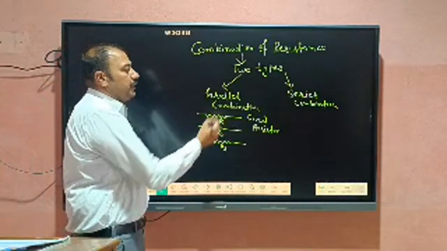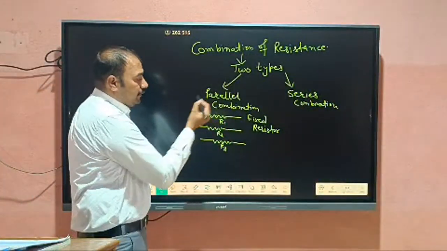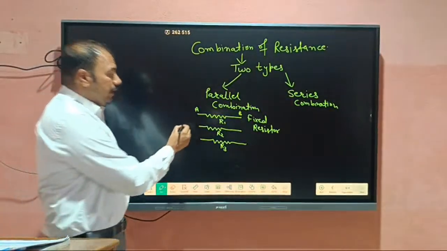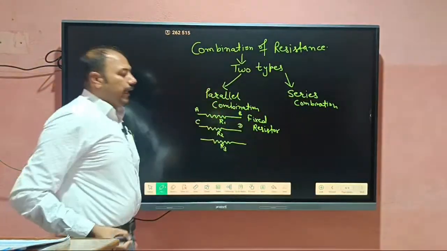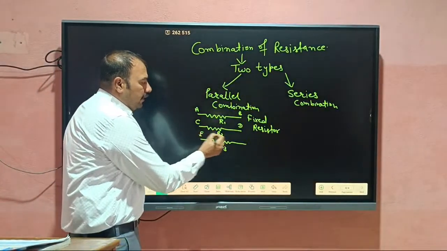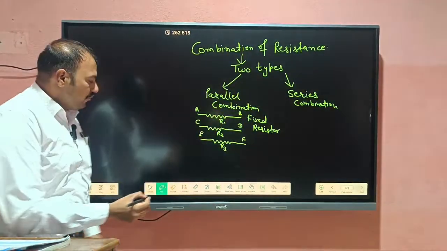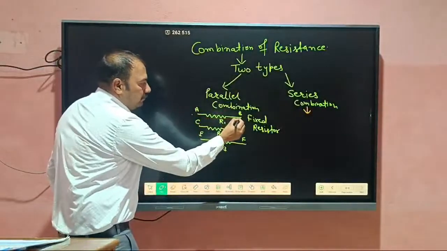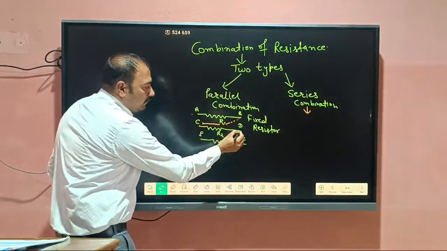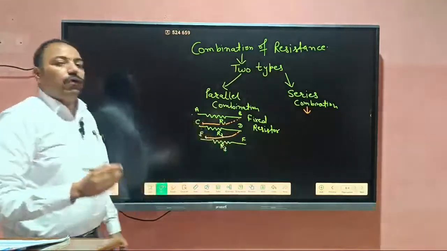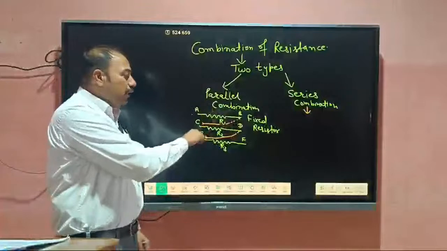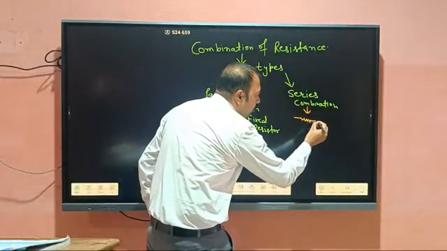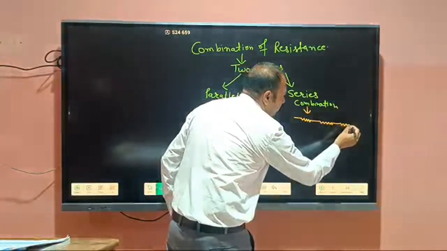So how to connect them in a series combination? For example, the R1 resistor has ends A and B, the second resistor has ends C and D, and the third resistor has ends E and F. So how to connect them in series? In series combination, connect B with C and connect D with E. So the tail of one resistor is connected to the head of the other resistor. So this type of combination forms.